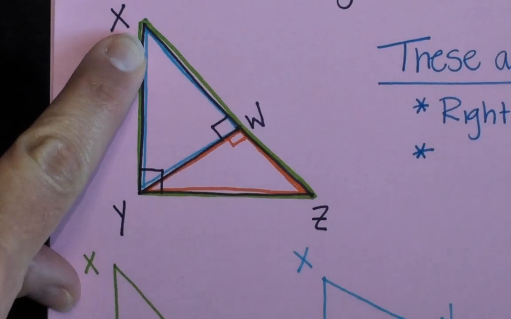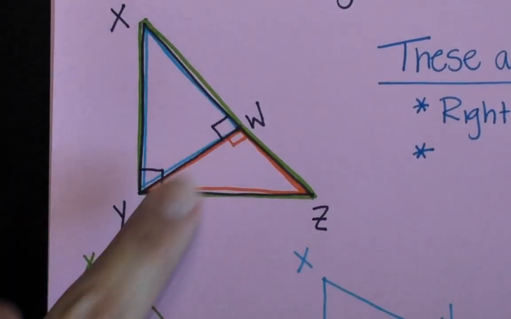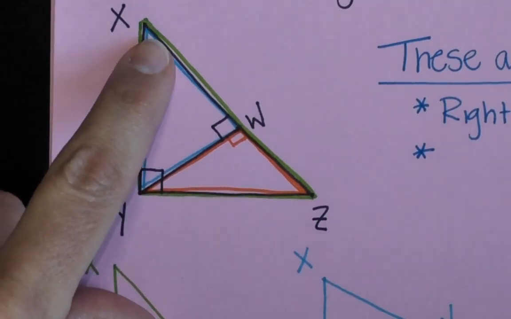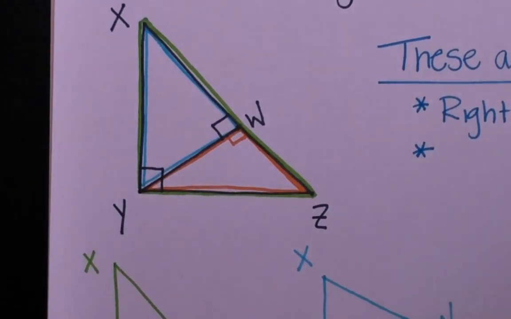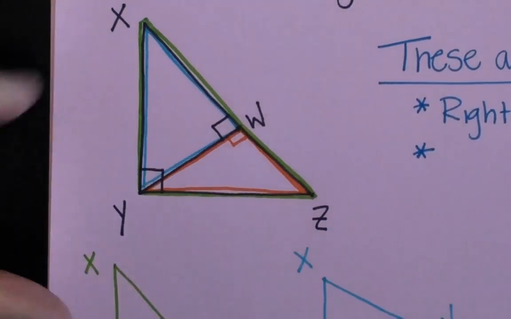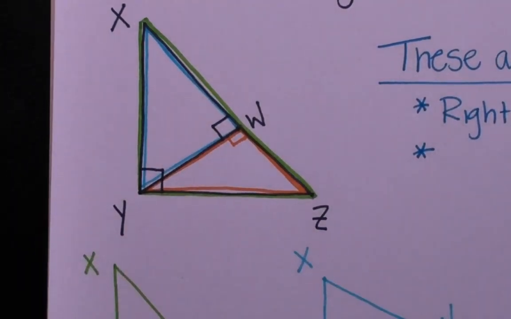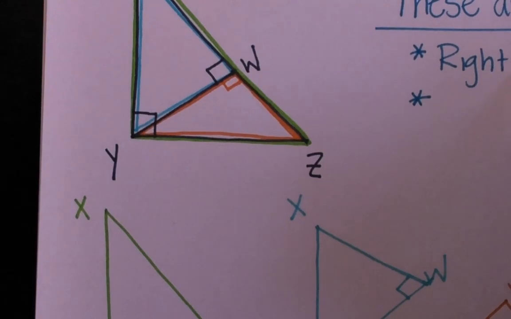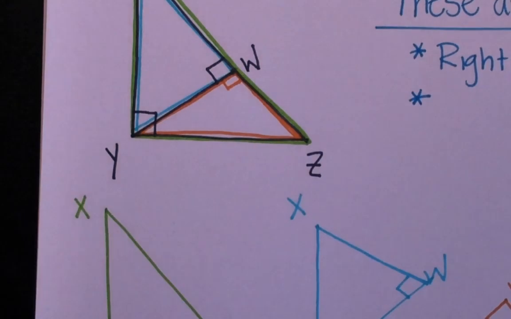So what do we call it when it's the same angle, the same measure, and in the same position? They just happen to be in two different triangles. What property do we call that? What property do we call it when we see that those angles are the same?